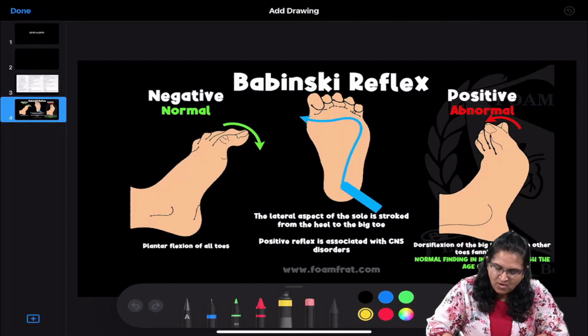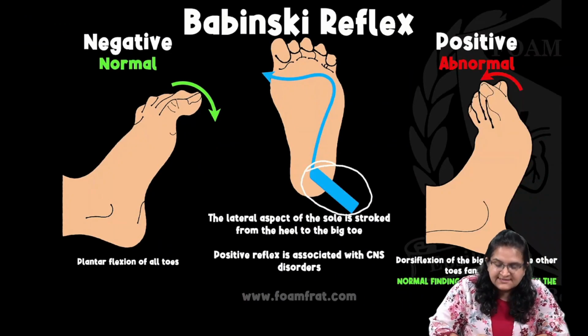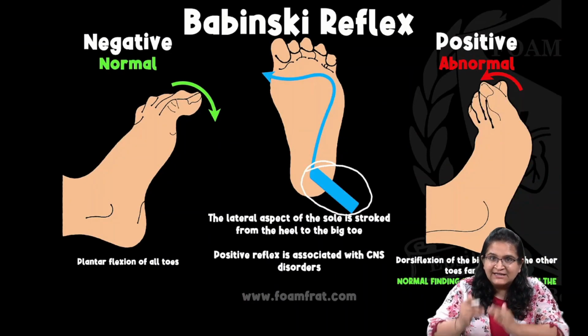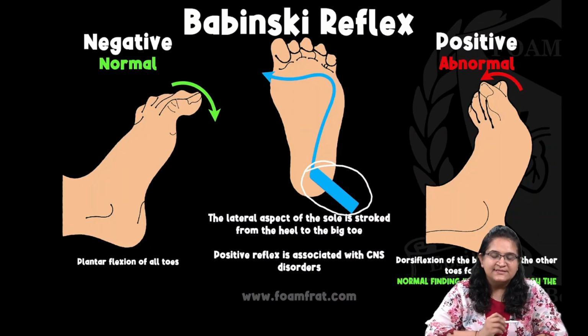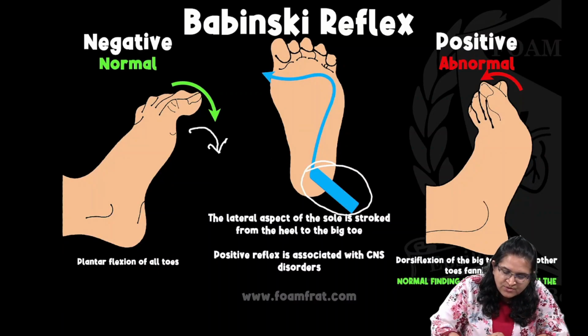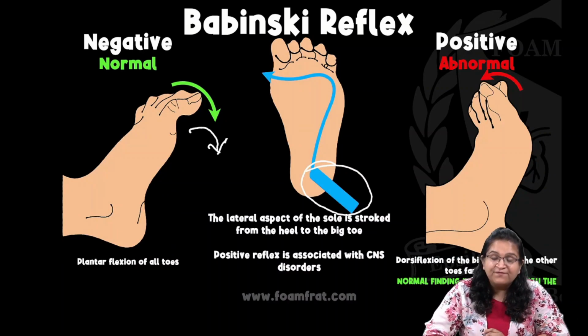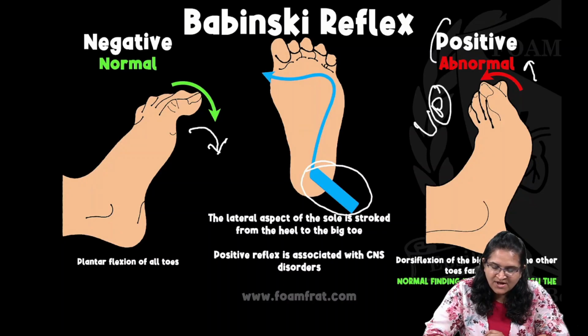Now, Babinski sign, everyone. With the help of an instrument, the lateral aspect of the sole is stroked from the heel to the thumb. Right, you see the direction. And what happens? If the toes go down, then it is known as a negative or a normal Babinski reaction. If the toes flare up, they go up, up, positive.